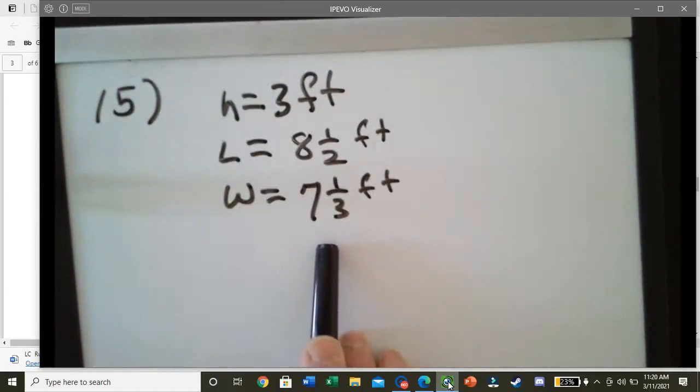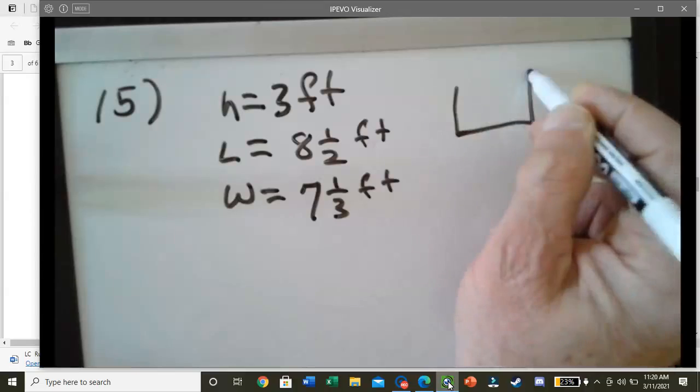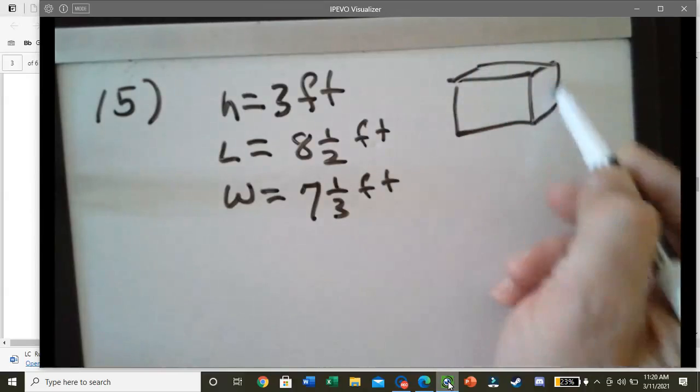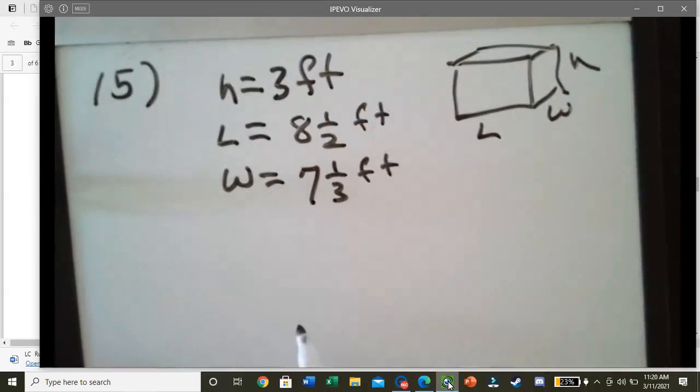So basically, we know that a cube, right, is length times width times height, right?